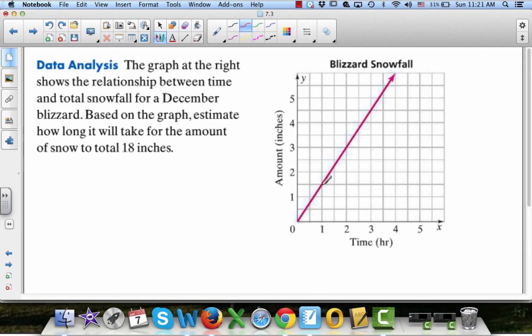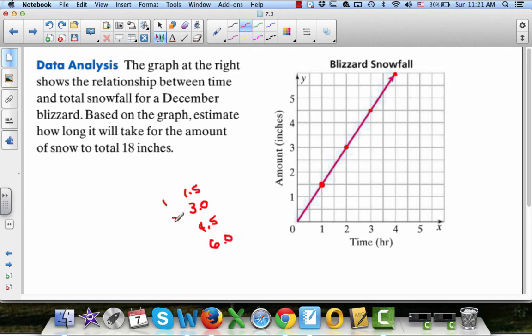At 1, it's at 1.5. At 2, it's at 3. At 3, it's at 4.5. And at 4, it's at 6.